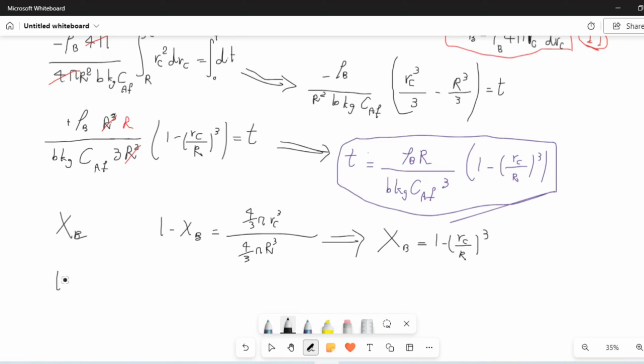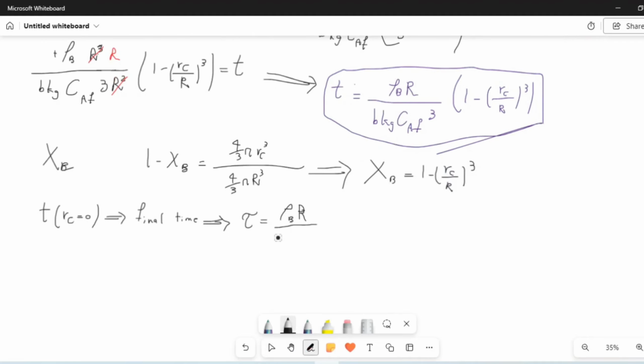And there is also a final time which happens when rc is equal to 0. This can be called the final time and is represented with tau, which is equal to rho B R over 3 b kg CAF.